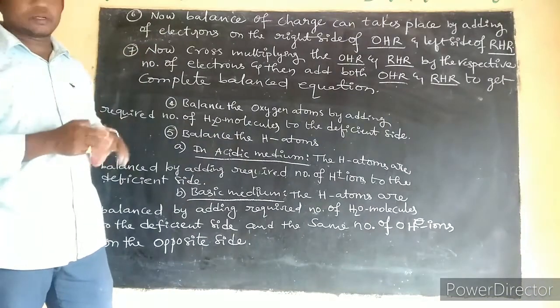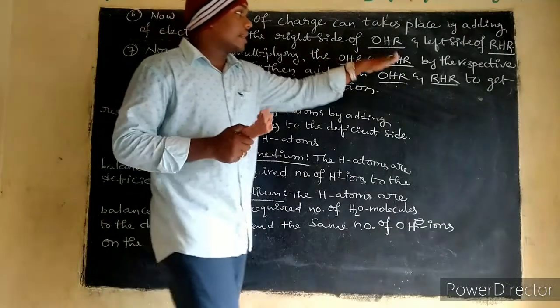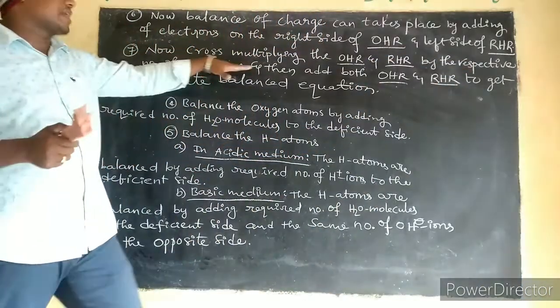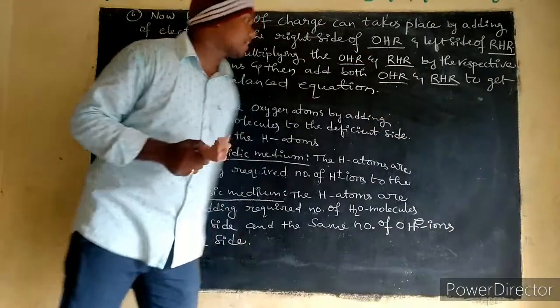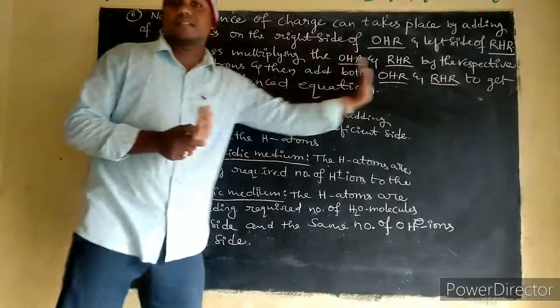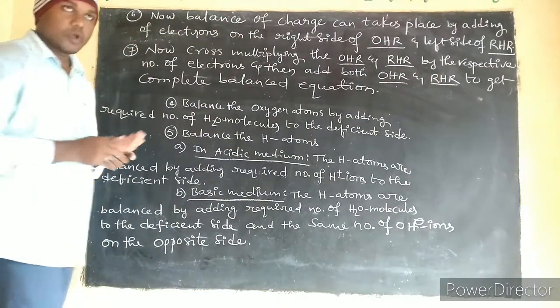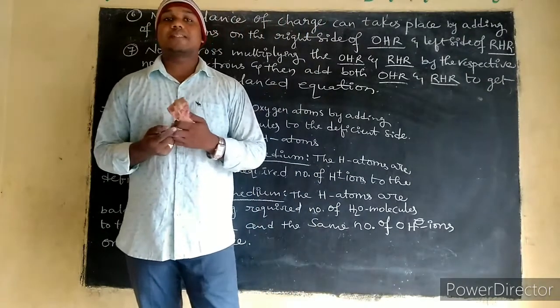Now the seventh one: cross multiplying the oxidation reaction and the reduction reaction by the respective number of electrons and then add both the oxidation reaction and the reduction reaction to get the complete balanced chemical equation, correct? Now we are going to discuss balancing redox reactions.